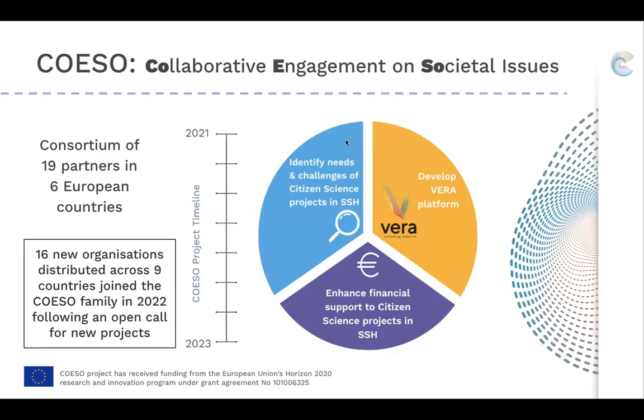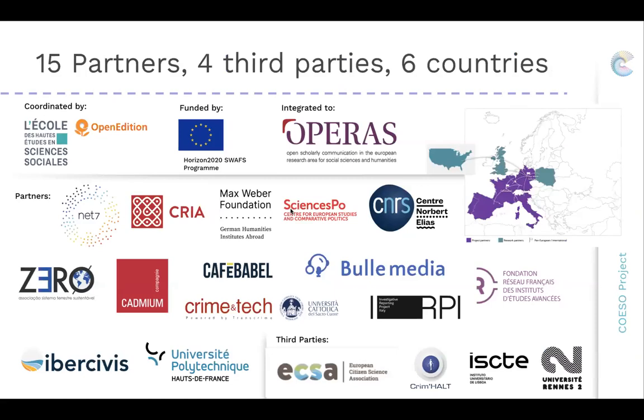So this is just a slide that says again what I already presented. The consortium spans 6 European countries, and we involved several organizations across 9 countries thanks to the incubation of the pilots.